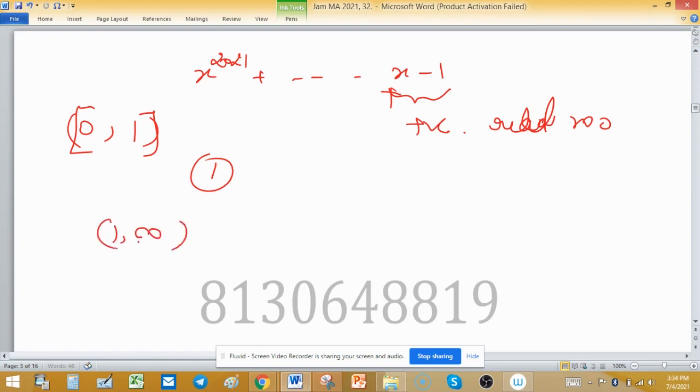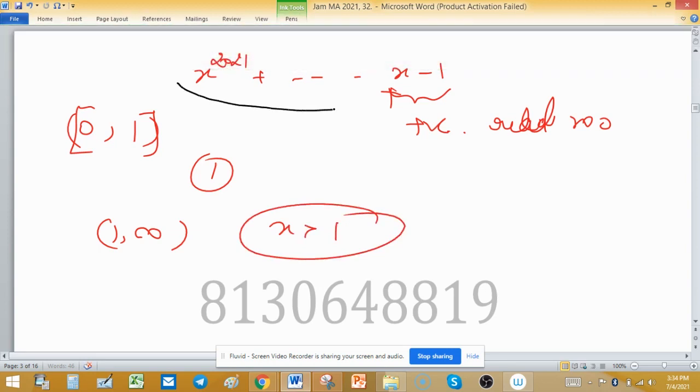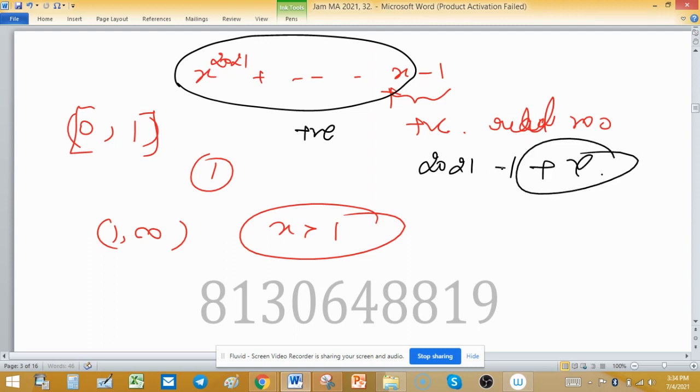Now consider 1 to infinity, meaning x greater than 1. The value of these terms will be positive, and the total will be 2021 minus 1, so the entire value we get is positive. So there is no point where f of a times f of b is less than 0.